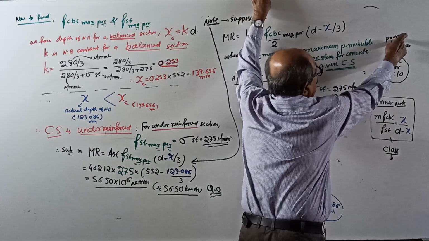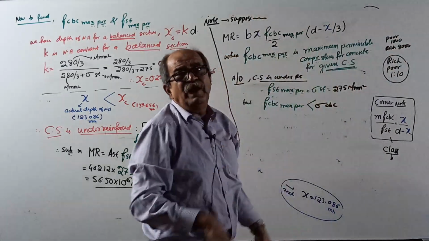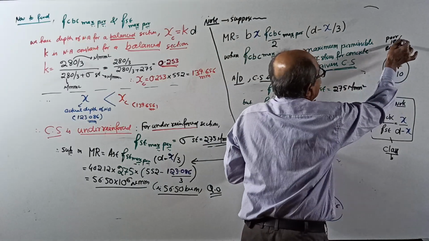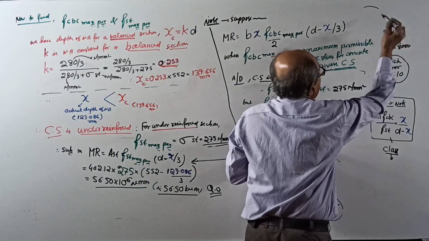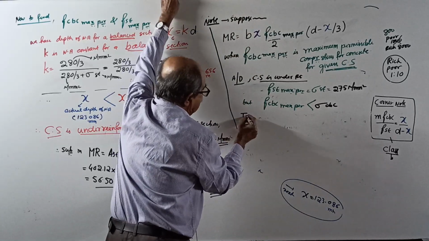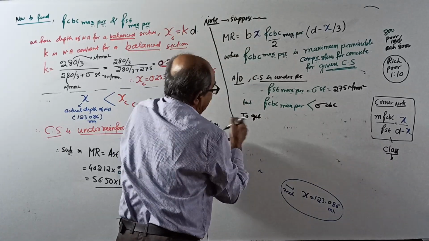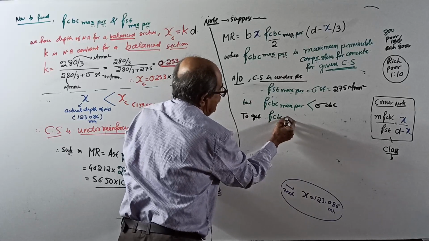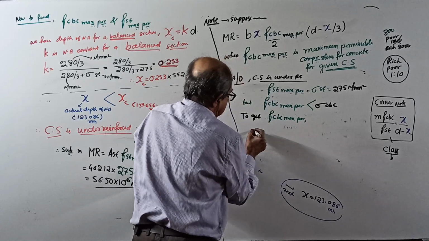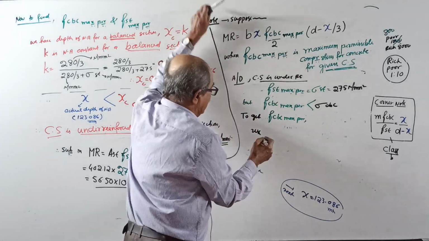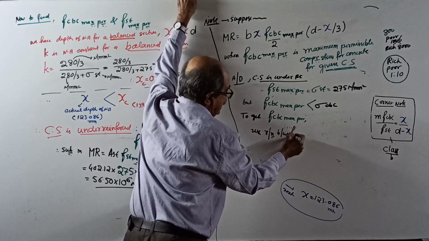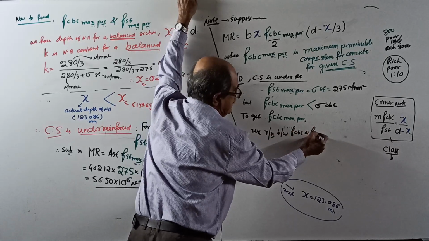Suppose he has 1,000 rupees, he should not pay all of it. Therefore, even though he has got 1,000, let him pay only 800. So how to get FCBC max permissible? Use the relation between FCBC and FST.